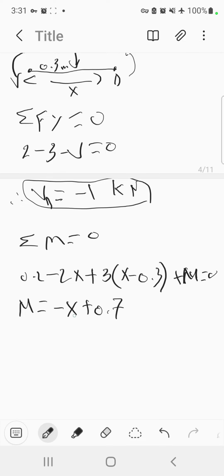So we know that now x is 0.3, so now M equal to minus 0.3 plus 0.7.